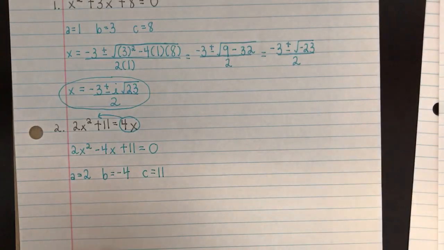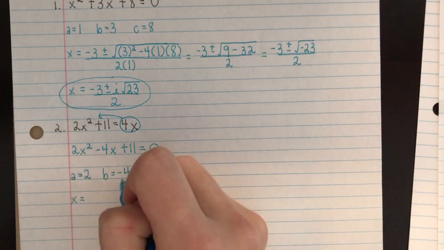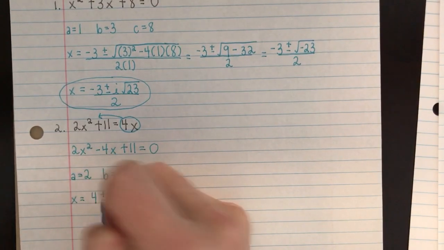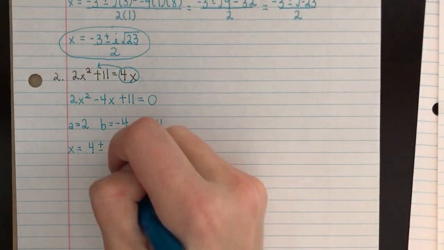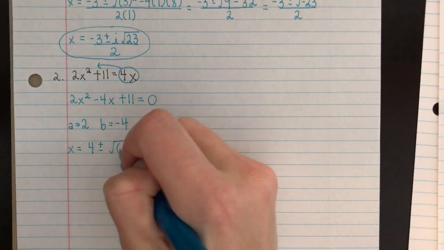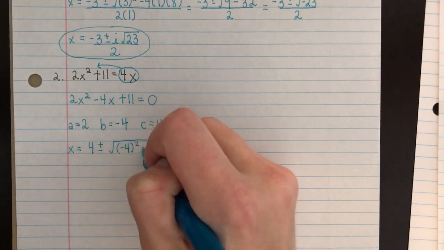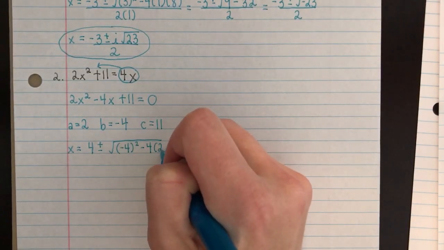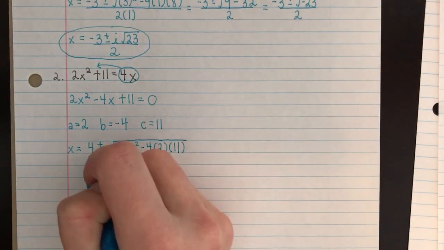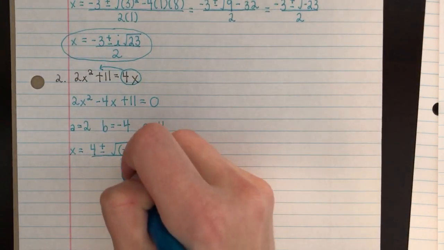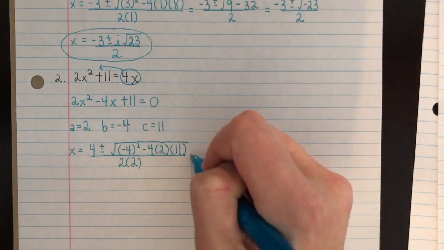Plugging into the quadratic formula, I would have x equals opposite of b, so positive 4, plus or minus the square root of b squared minus 4ac, all over 2 times a.